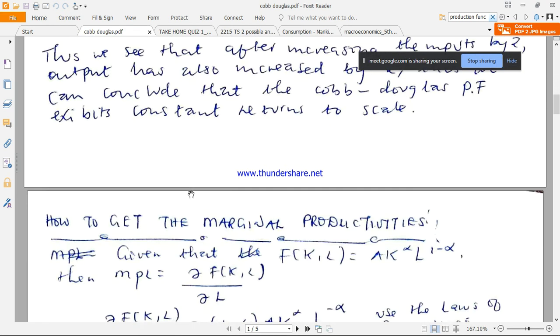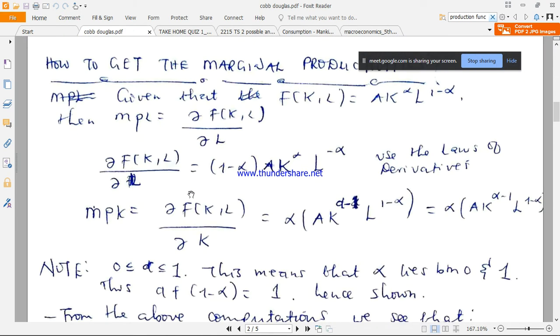On the formula, where there is labor, you were including 1 minus alpha? Where? L to the power minus alpha. Yes, 1 minus alpha. Oh, you mean the marginal product with respect to capital? Yes, we are including the 1 minus alpha, but when you were solving the previous example, you just included numbers. You didn't include the power 1 to the labor.